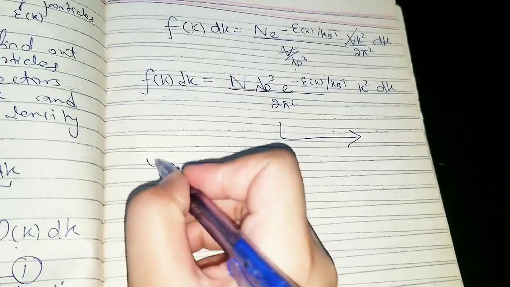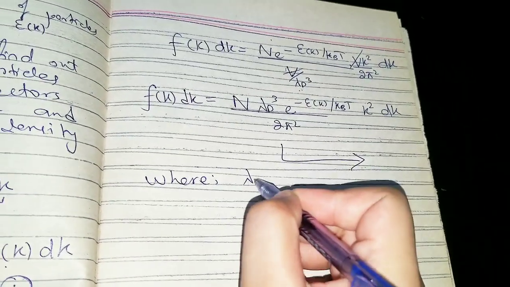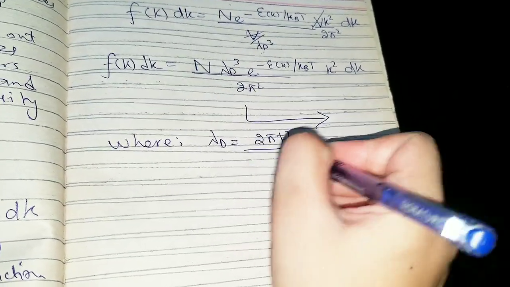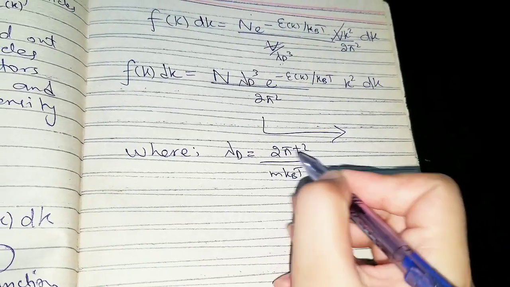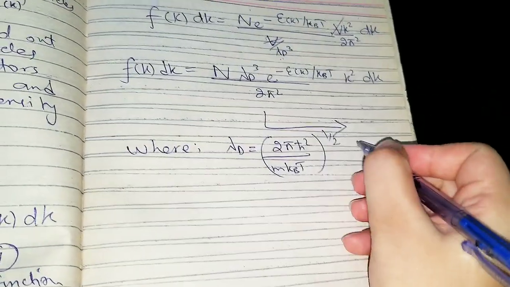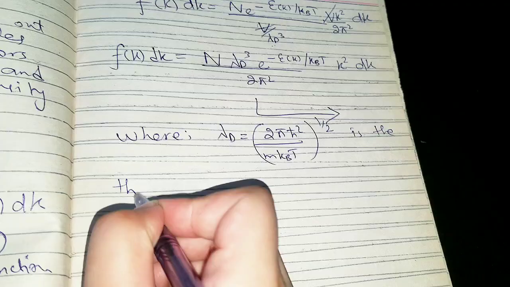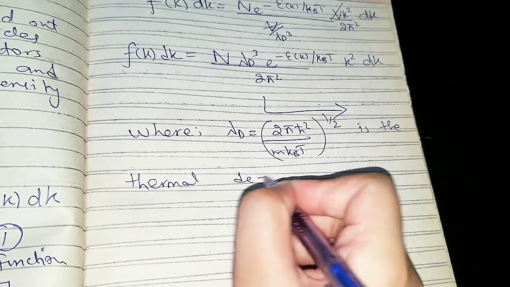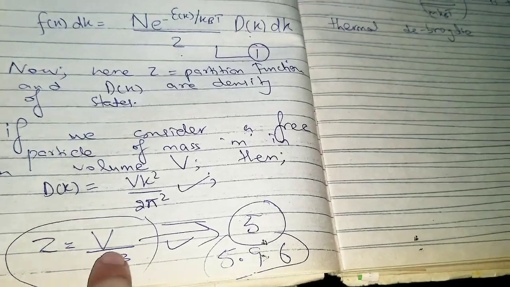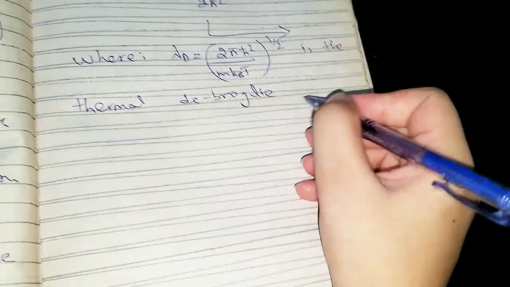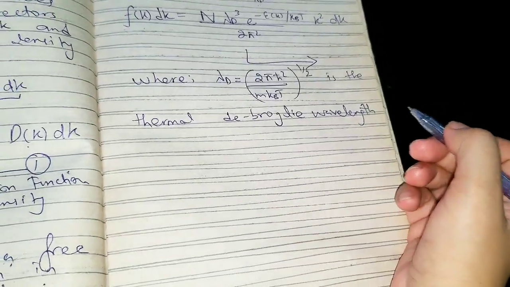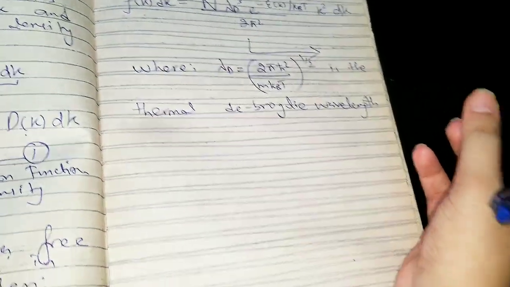Now let us first write the value of lambda D, which is 2 pi h square by m kBT, whole power 1 by 2, and it is called the thermal de Broglie wavelength. This was introduced in the same topic where we proved this formula. It was taken as a useful constant, and we named it the thermal de Broglie wavelength, as it has the units of wavelength.